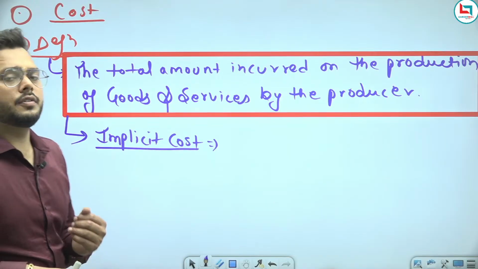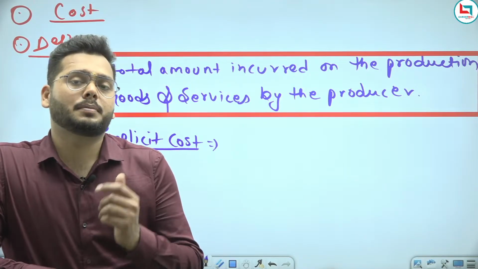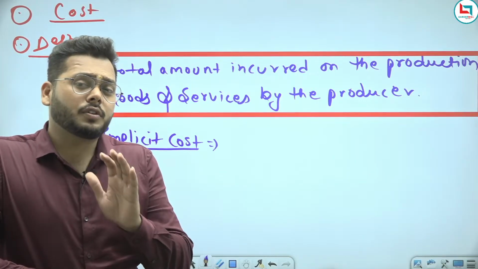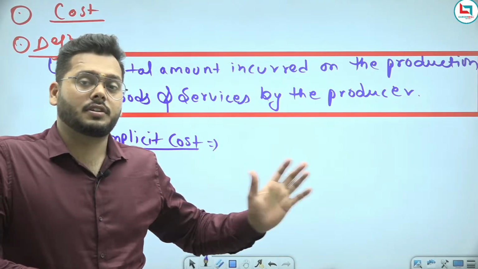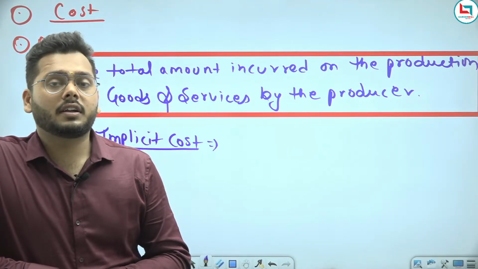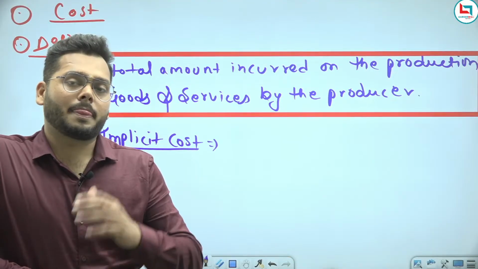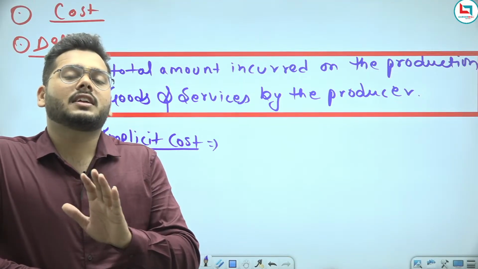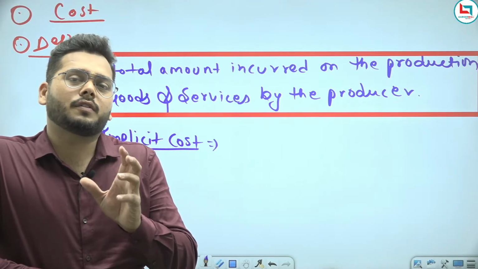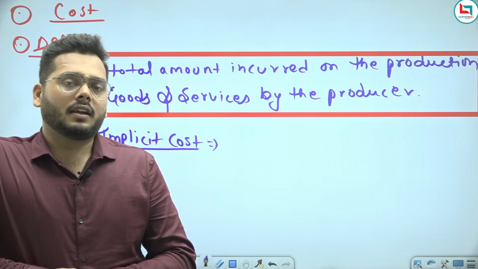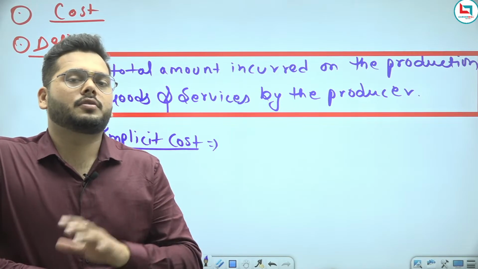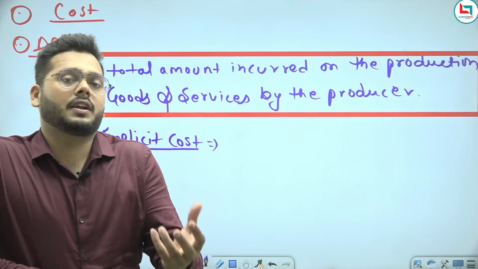First of all, you need to understand what is implicit cost. Many questions have already been asked regarding implicit cost. Implicit cost is a type of cost which doesn't get incurred in the production of goods and services, but it still has some value.